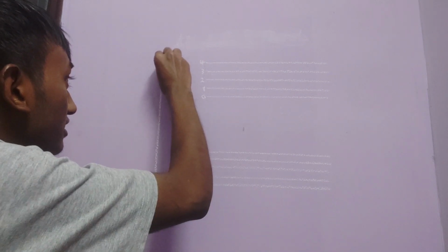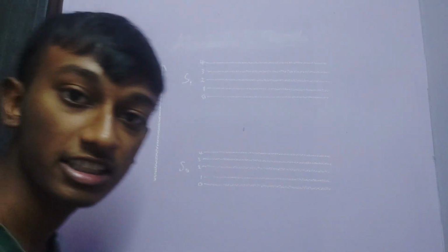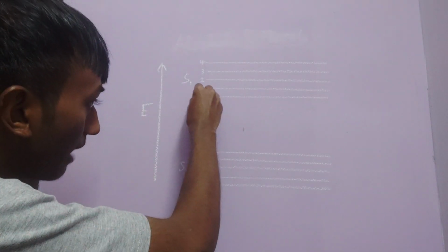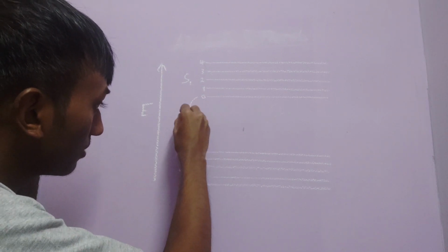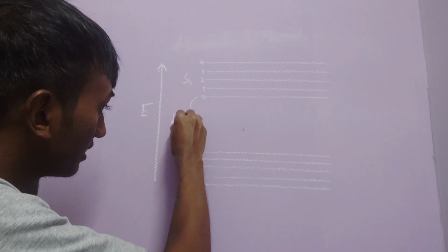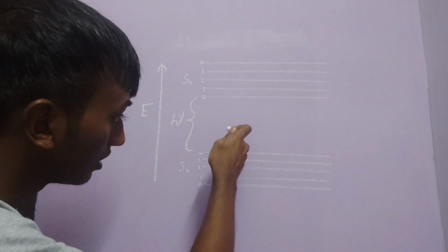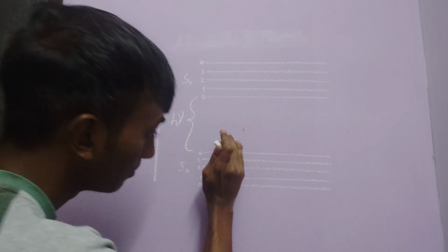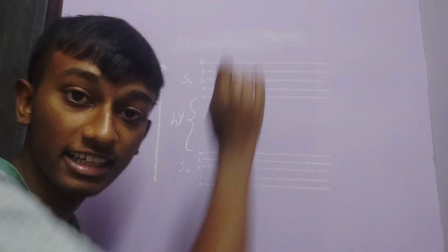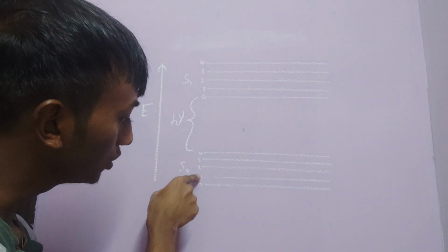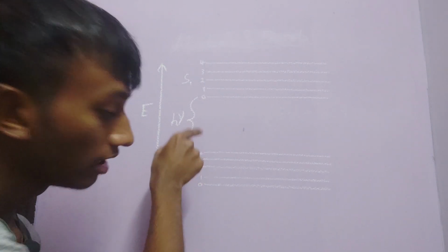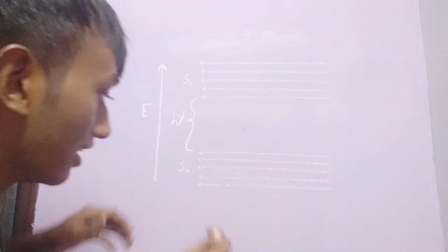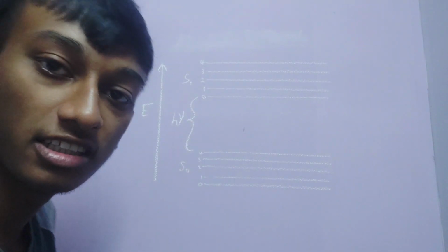Energy keeps increasing in this direction. And this gap of energy represents the incident light energy that falls on here and enables the electron to make a transition from this energy state to that energy state. And these individual energy levels are the vibrational states that exist within an energy state.